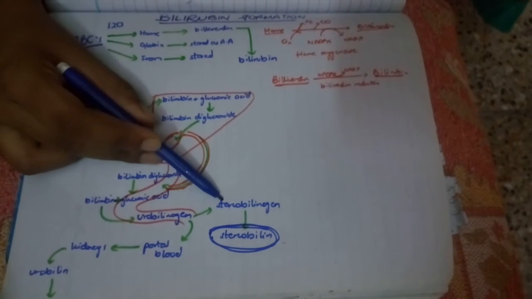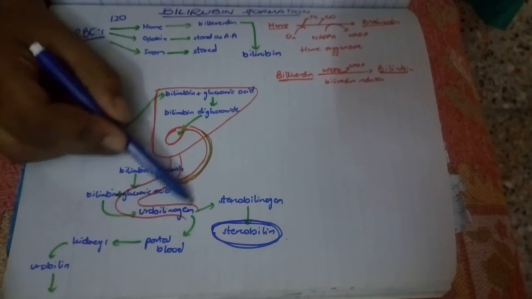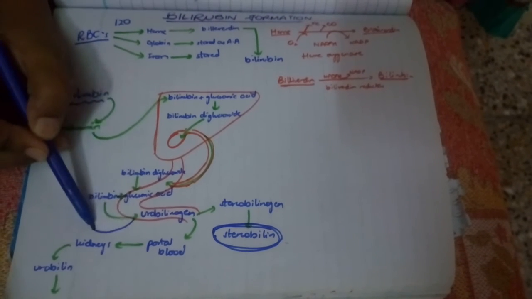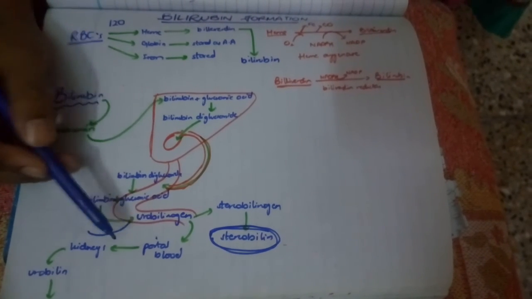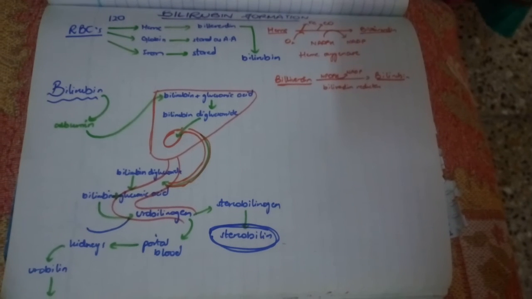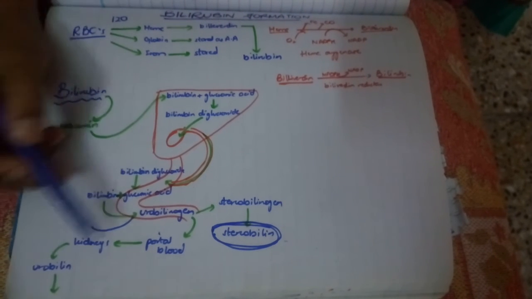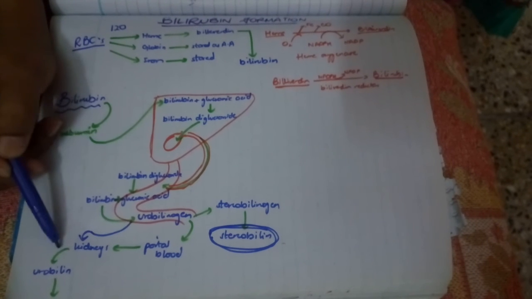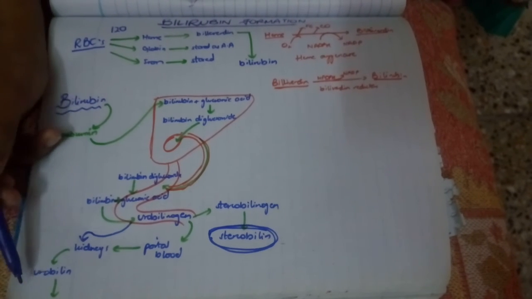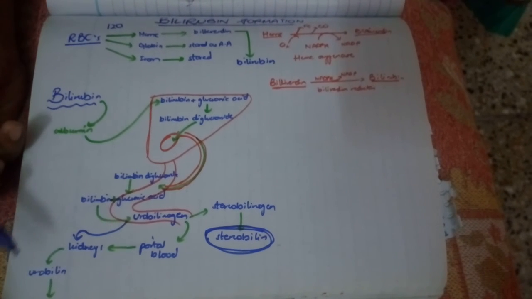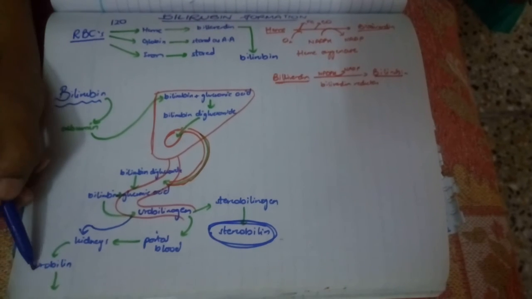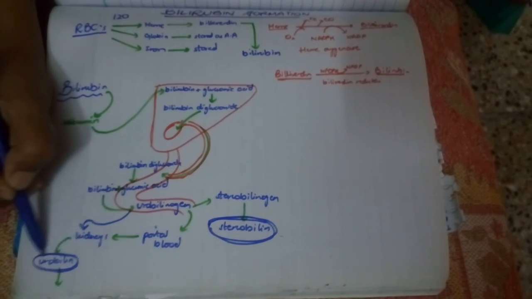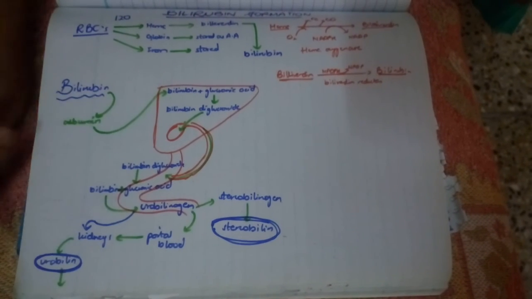I said part of it was converted into stercobilinogen. The remaining urobilinogen is reabsorbed into the body in our portal system, which means it goes into the liver again. From here, it goes to the kidneys. From the kidneys, it is converted into urobilin and is excreted in the urine. Urobilin is that component which gives the characteristic yellow color to our urine.